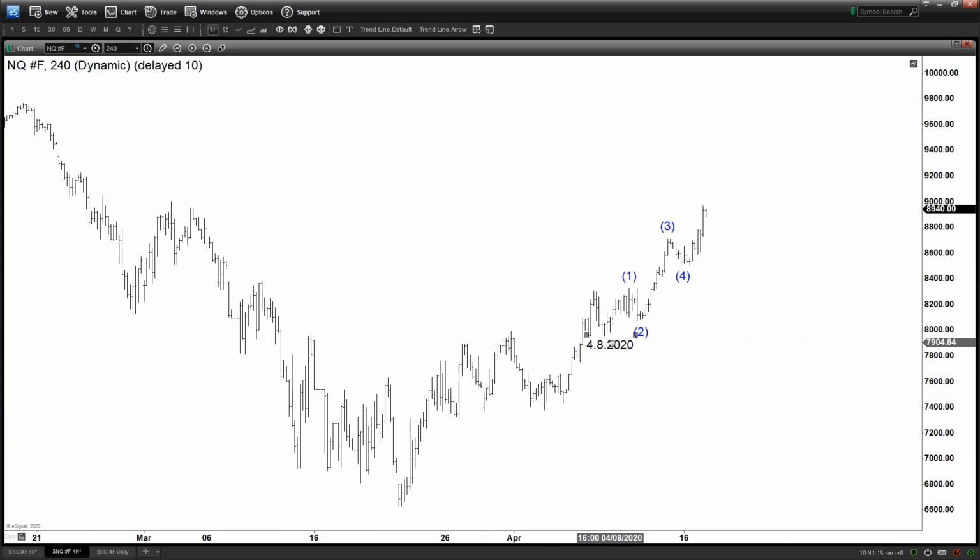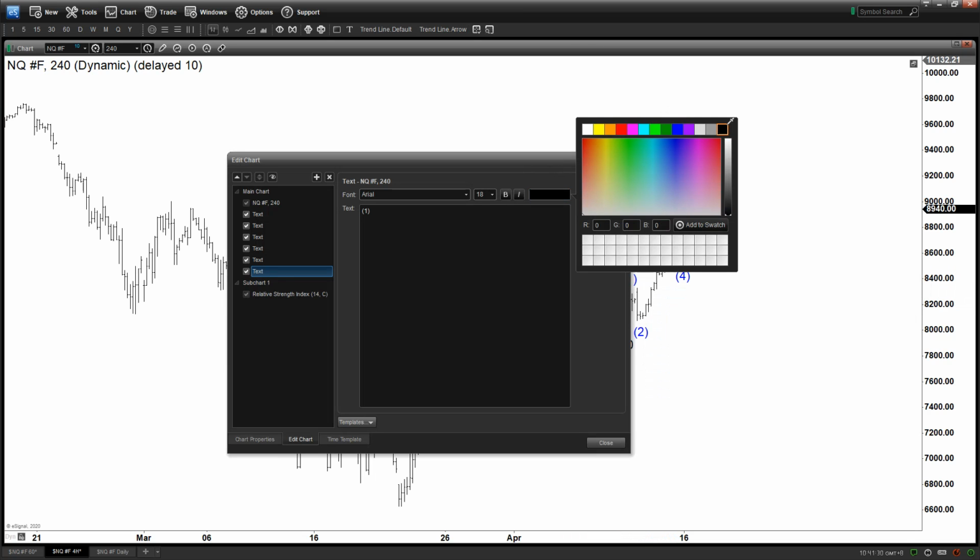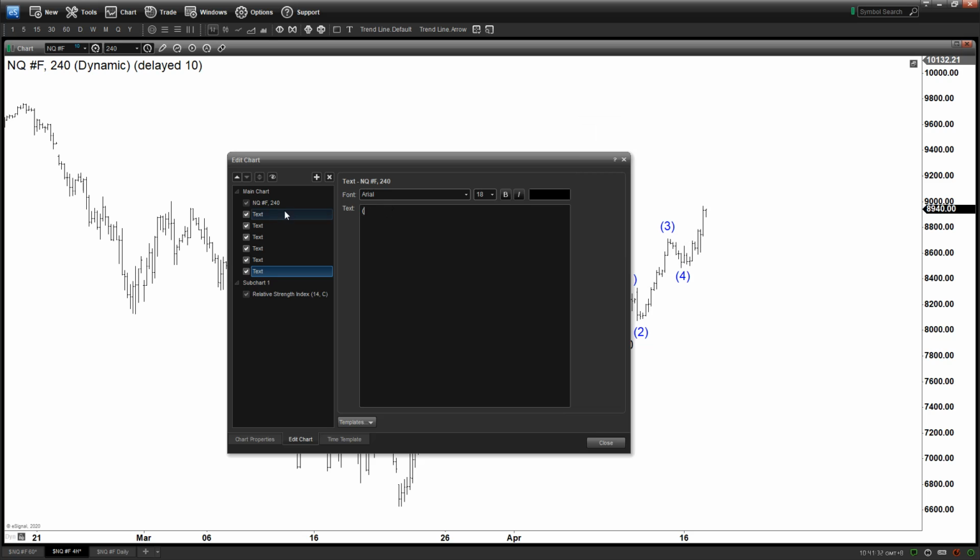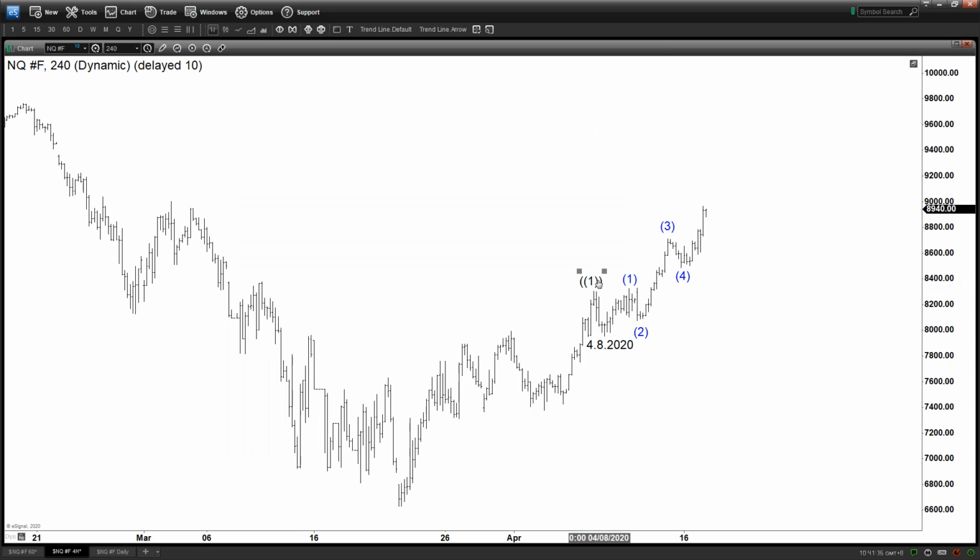Now if we take a look again at the higher degree, we can see this one also looking quite impulsive. So there is a possible nesting here, in which for example this is 1 in the higher degree, and this is 2, something like that, which is a possibility.